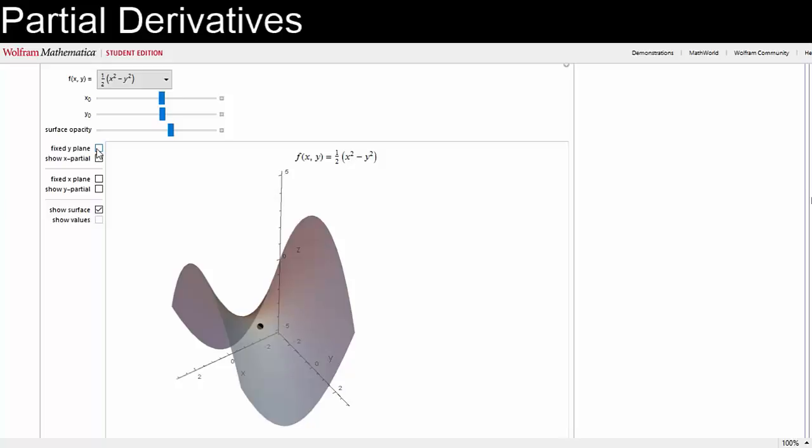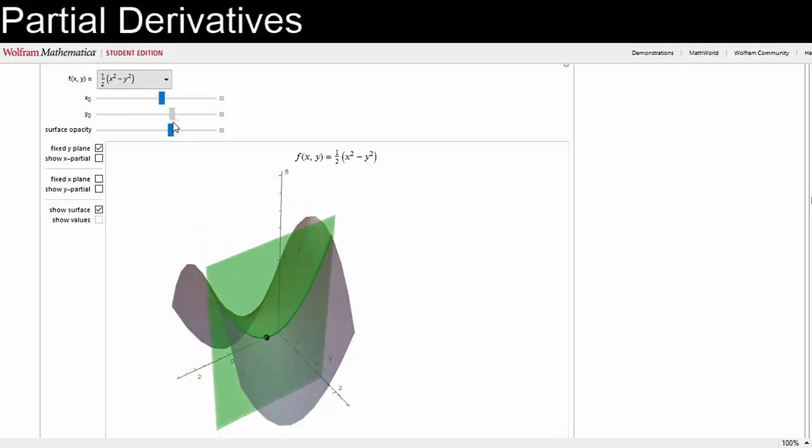So when we're interpreting this in the graph, we have to think of y as a constant. In other words, we're stuck on this plane here. Okay? So this is y equals whatever it happens to be. About 0 there, negative over here, positive over here.